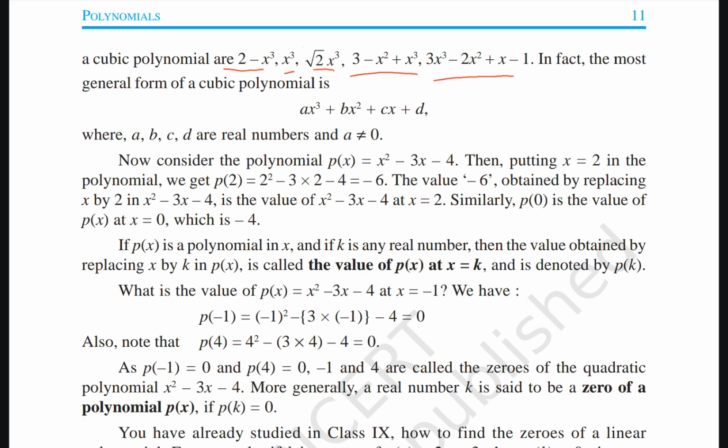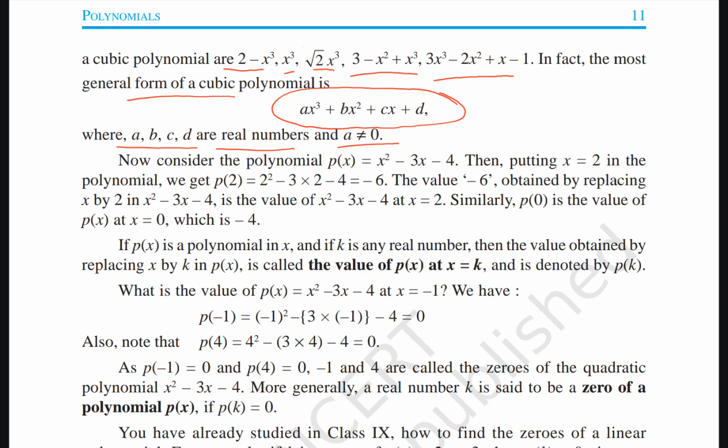In fact, the most general form of a cubic polynomial is ax³ + bx² + cx + d, where a, b, c, d are real numbers and a is not equal to 0.